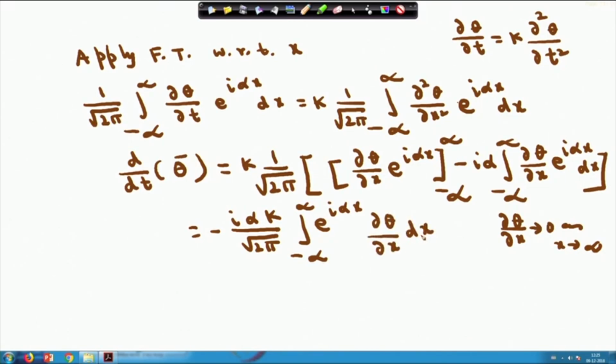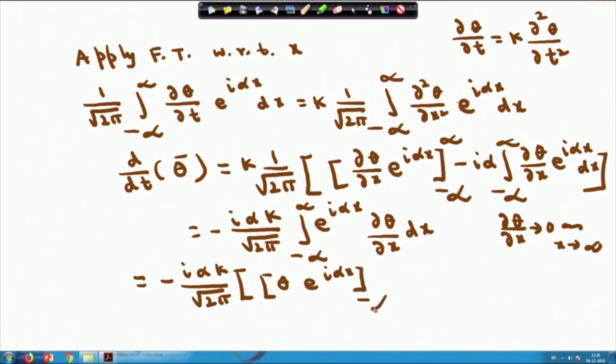And this again, if you evaluate the integral, you will obtain minus iαk by root 2π into θ e^(iαx) from minus infinity to infinity, minus iα into the integral from minus infinity to infinity of θ into e^(iαx) dx.